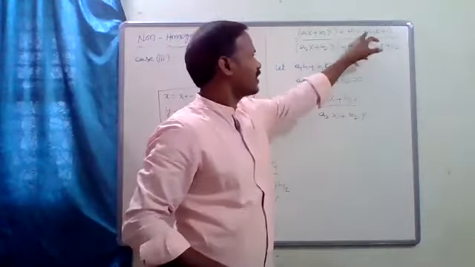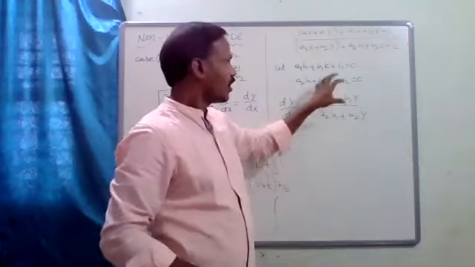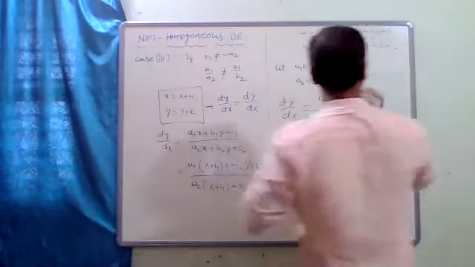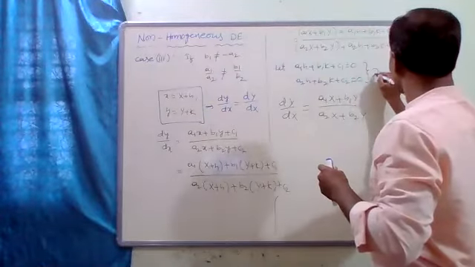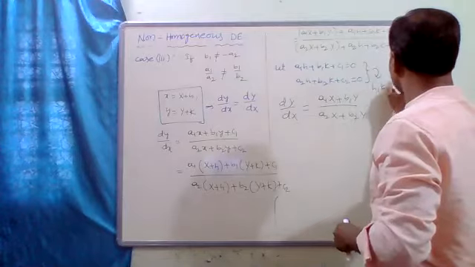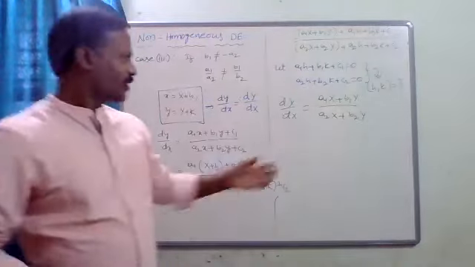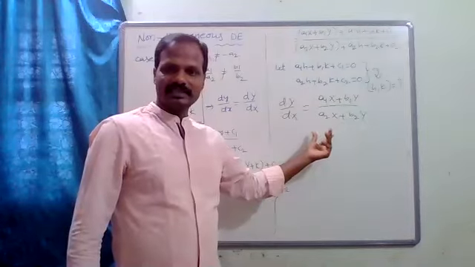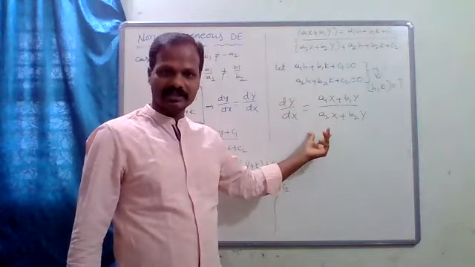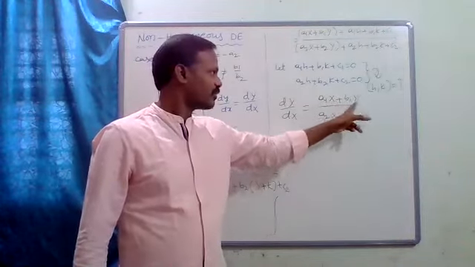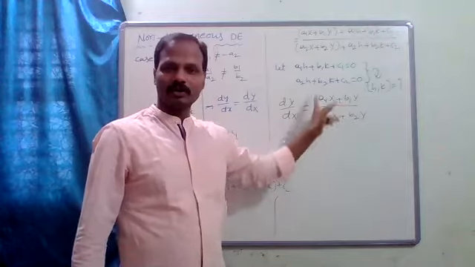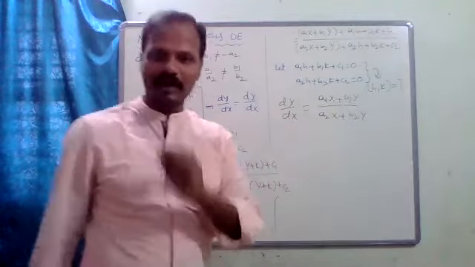So we make these two become 0. Now by solving these two, you will get the h and k values. Now this is a homogeneous differential equation, (a1X plus b1Y) by (a2X plus b2Y), homogeneous differential equation of degree 1.